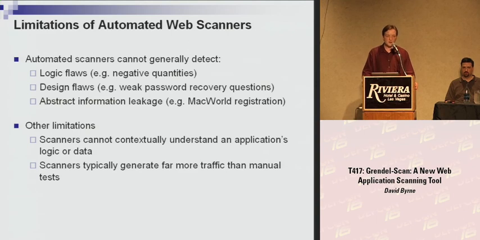Abstract information leakage. A year ago, the Macworld Expo had a good example of this, where on their registration page, there were coupon codes. Coupon codes were worth a discount of potentially several $100 off the price of admission. It happened that in the JavaScript source code of the web page, there were a number of MD5 hashes listed.